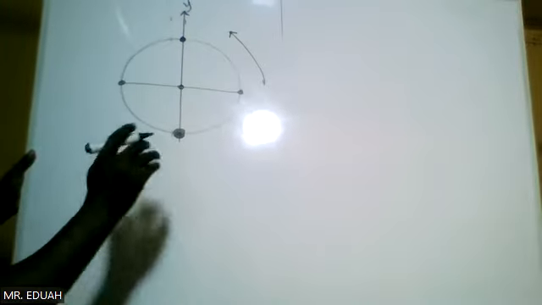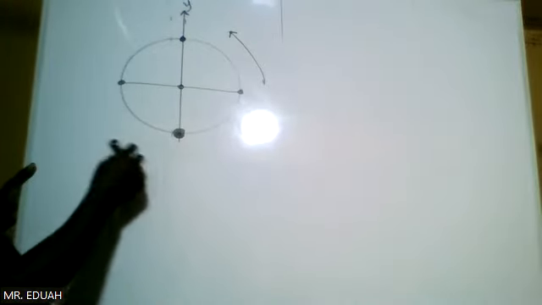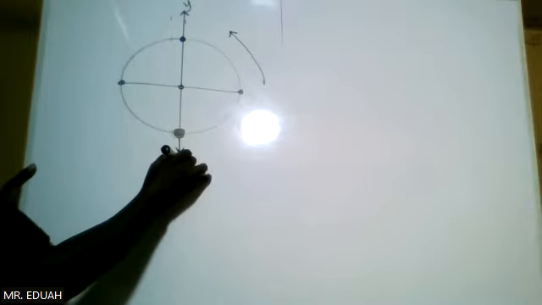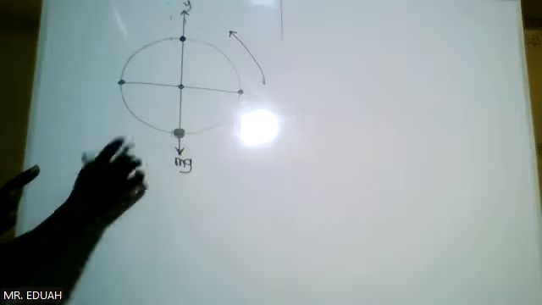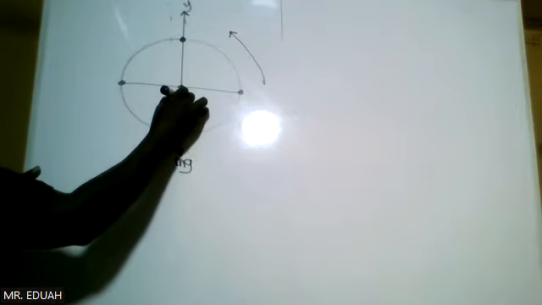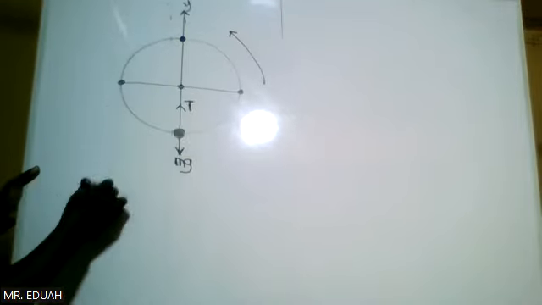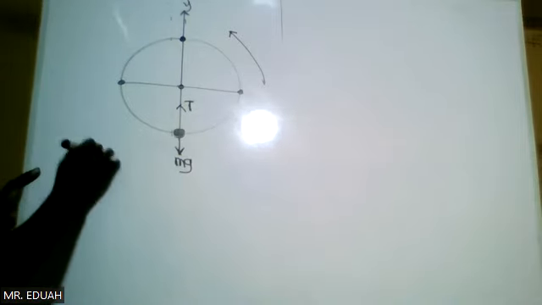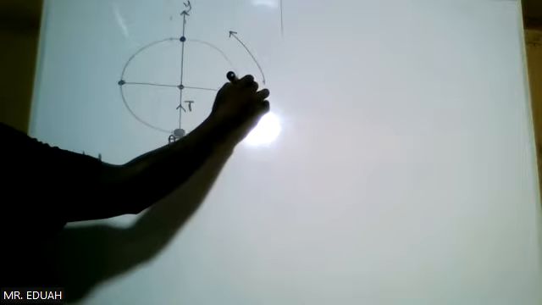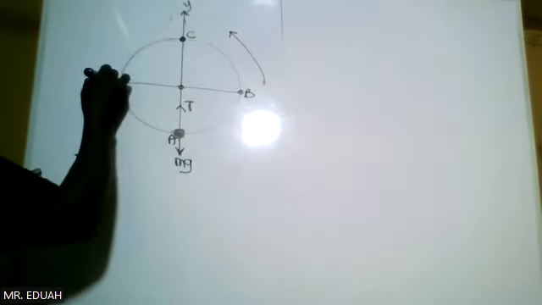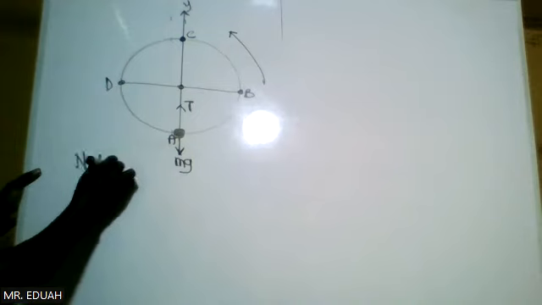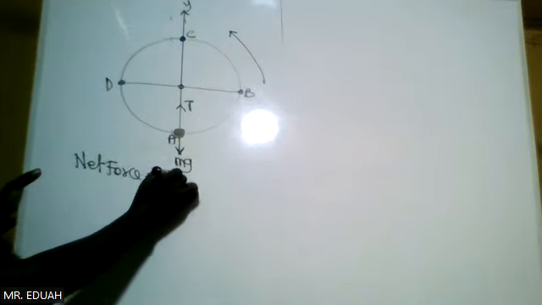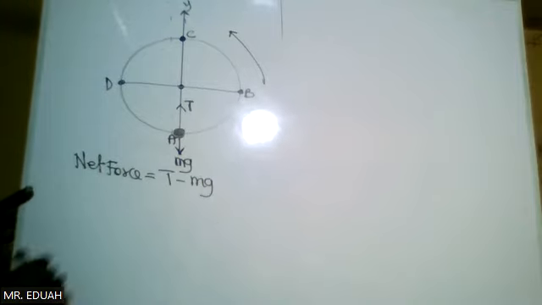And we came to the realization that when the body is here, maximum tension occurs within the string because the net force, A, B, C, D, the net force is equal to T minus mg.